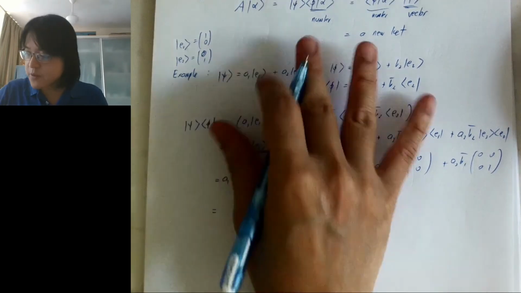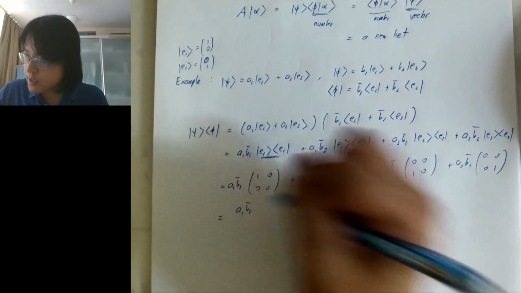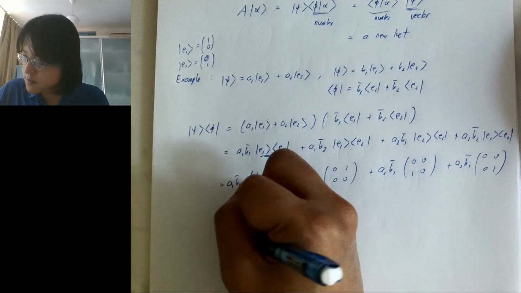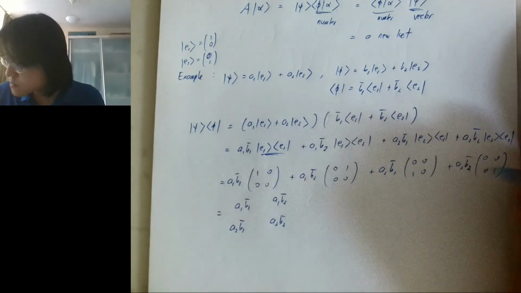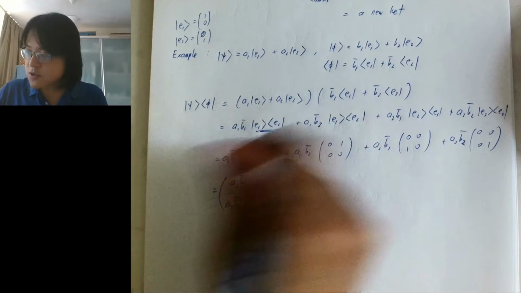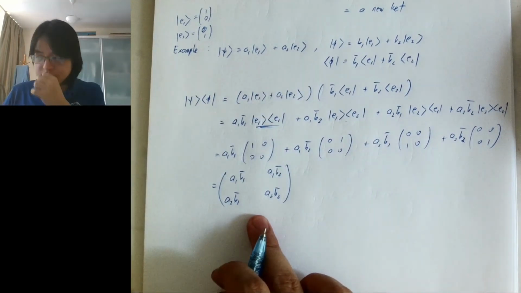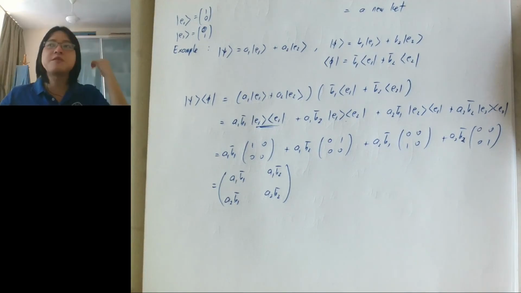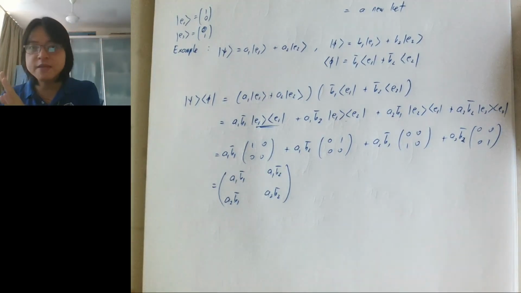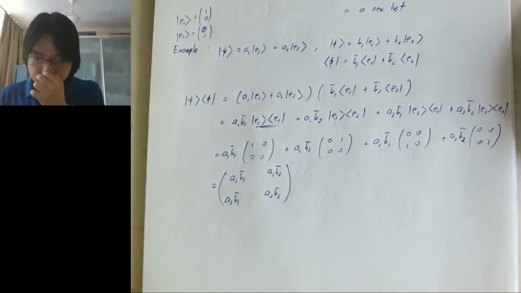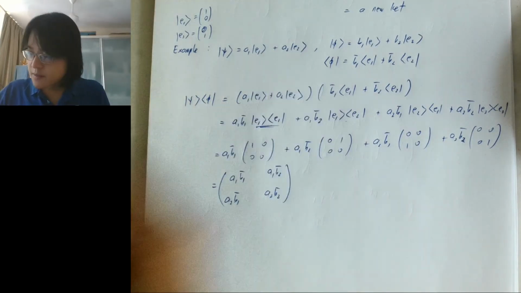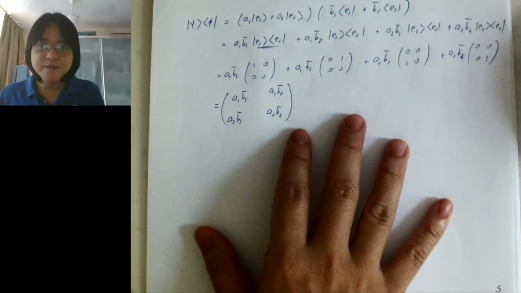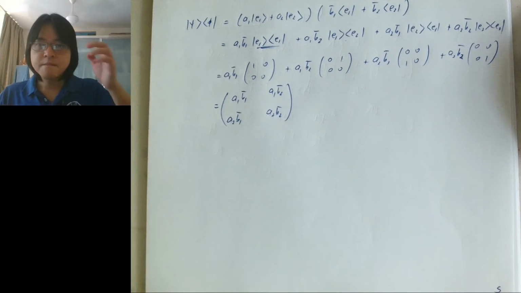If you add everything up together, I get A1 B1 bar, A1 B2 bar, A2 B1 bar, A2 B2 bar. You get a matrix, which is what we interpret as an operator: a matrix times a column vector gives you a new column vector.